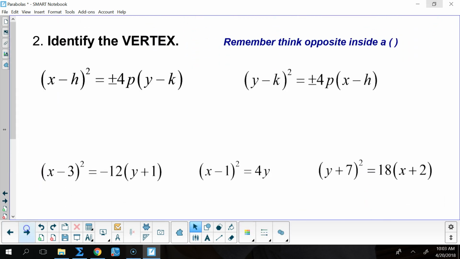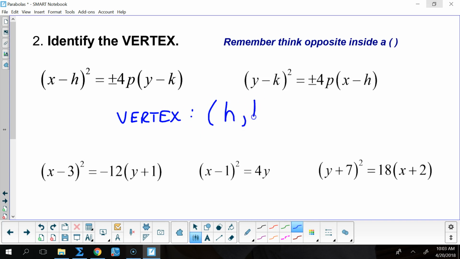Okay? Then, we went to finding the vertex. And we said that the vertex of our parabola is at the point h, comma, k. And we said if it's inside a set of parentheses, we got to think opposite.